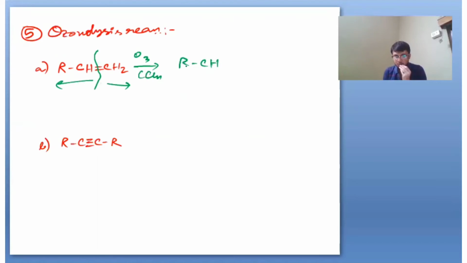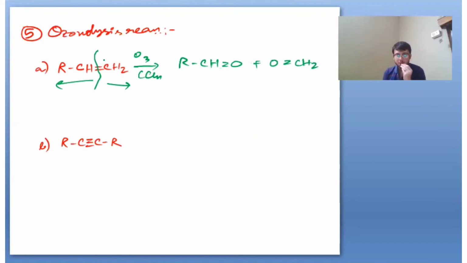In place of this, the double bond remains, but an O is added here on both of the sides. Okay, so that's how we do it. That is, we break this double bond and add it like two different molecules and add the double bonds here. That is RCH double bond O and CH2 double bond O.